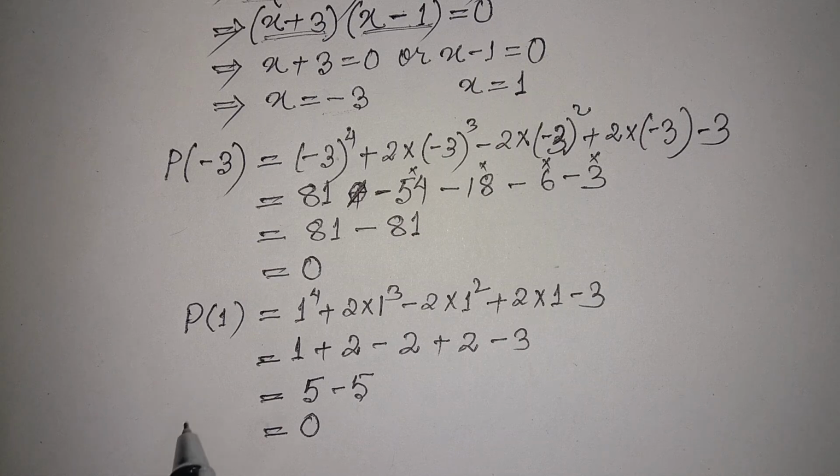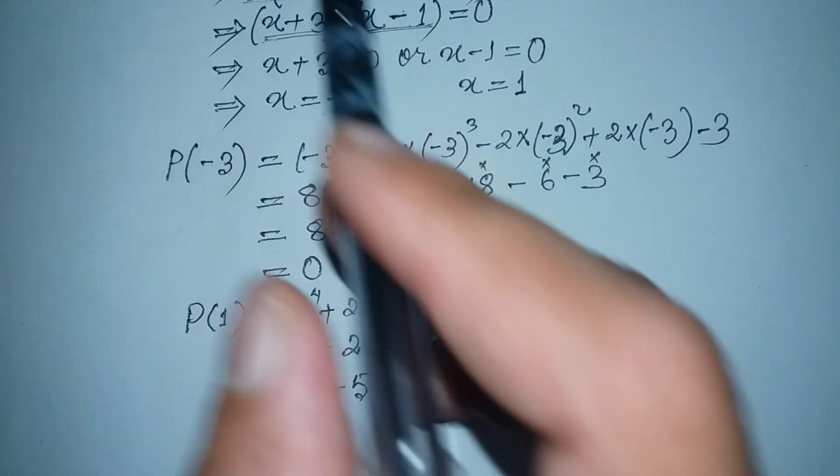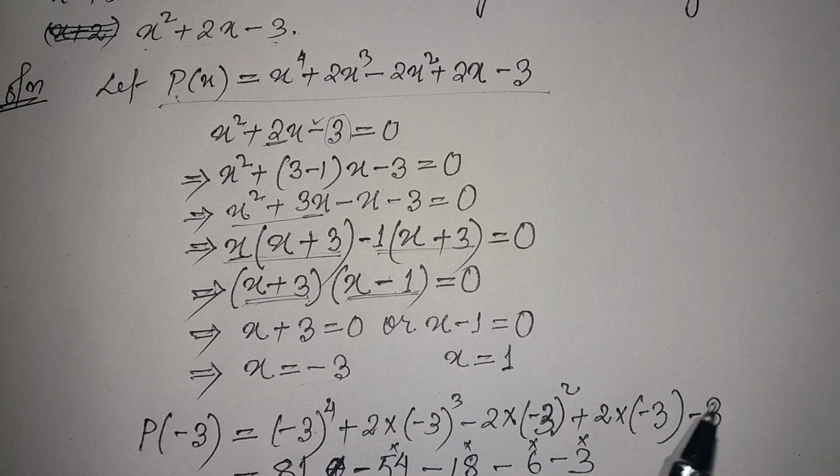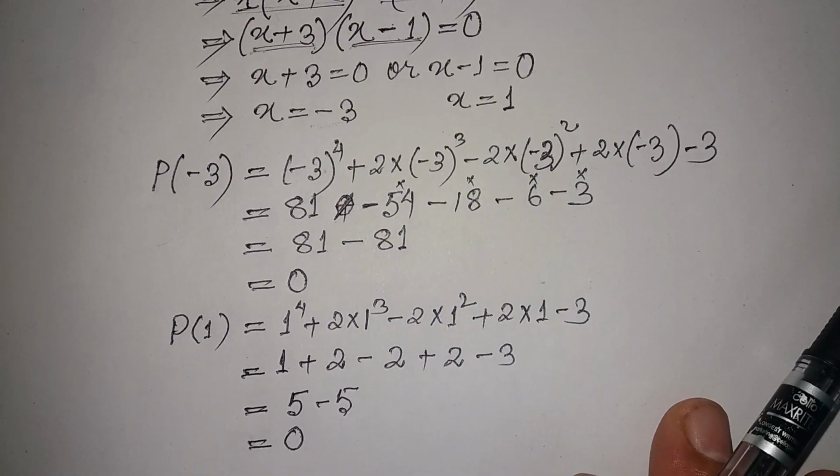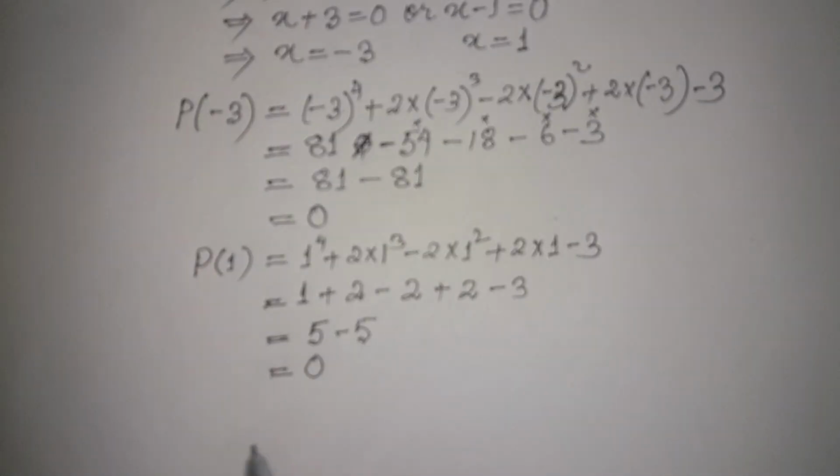This shows that x square plus 2x minus 3 is a factor of this given polynomial. So we have already proved it here.